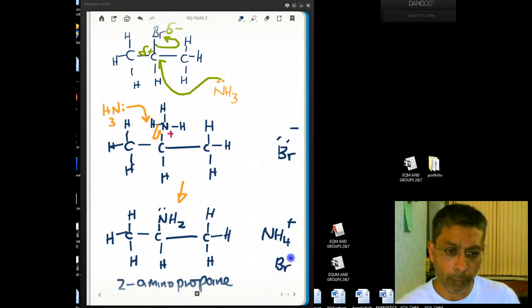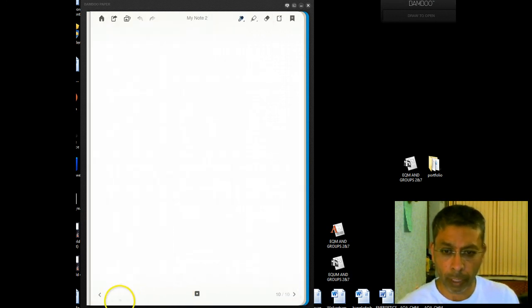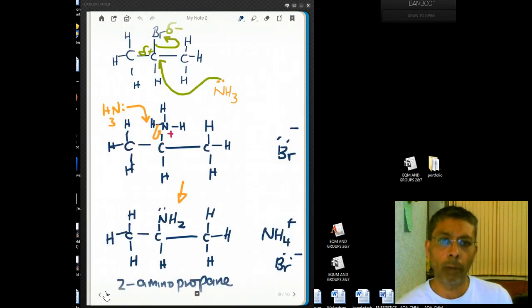There they are. So you could have ammonium bromide as the ionic compound formed. It's all in solution as well. Okay, anything else? Yep. Okay, so that was the mechanisms then for alkenes, and also for haloalkanes. Okay, right, we'll stop that one there.